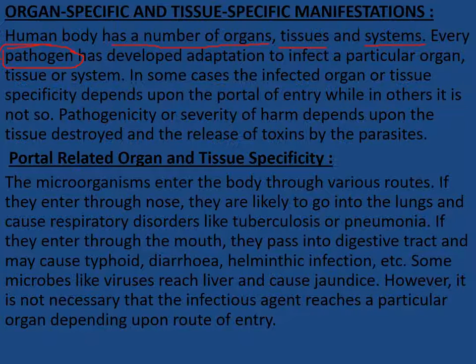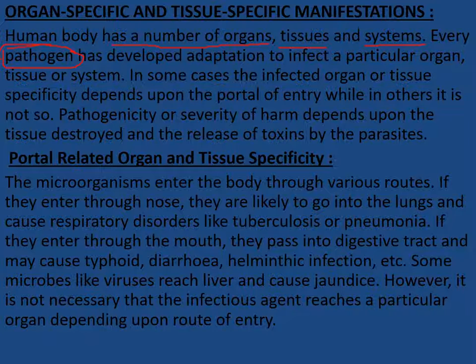Not all the organs. For example, hepatitis B will infect only where? Only our liver, right? Like this, in the case of HIV, it mainly infects the blood and the fluid portions.